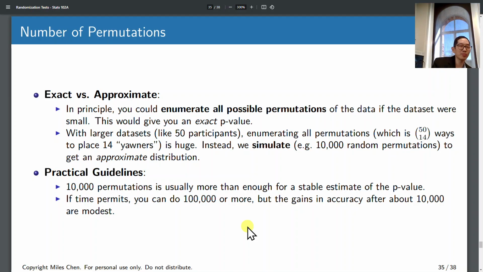And so, because that is too big, we just simulate this and do something like 10,000 permutations to get an approximate distribution. Now, 10,000 is probably more than enough for a pretty stable estimate of our p-value, and you can try one set of 10,000, another set of 10,000. You should get p-values that are pretty similar in most cases. You could try doing something like 100,000, but your gain in accuracy is probably going to be fairly modest there.